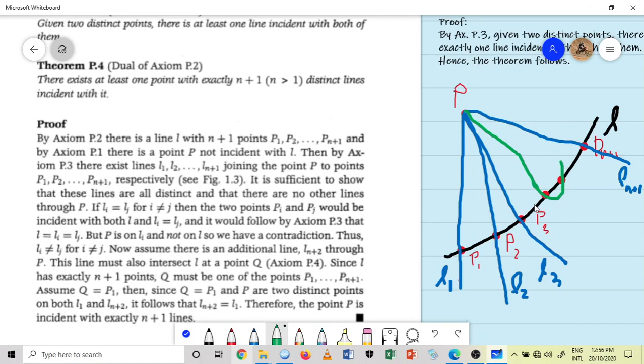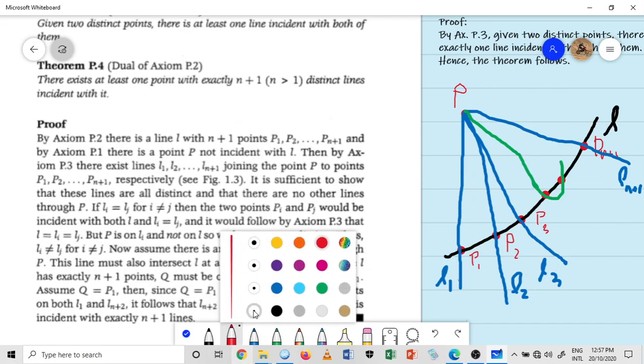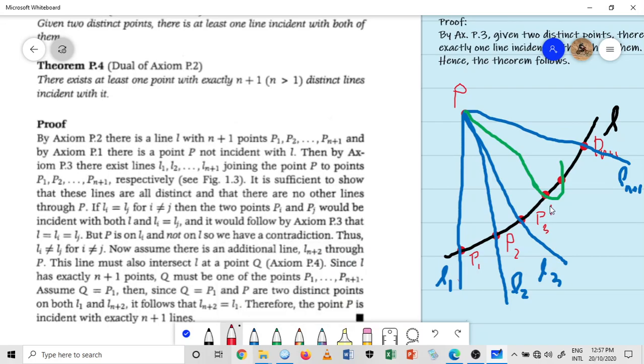Okay. So suppose this point here was P sub I, and this point here is P sub J, so the green line would be L sub I, which happens to be the same as L sub J. Okay?